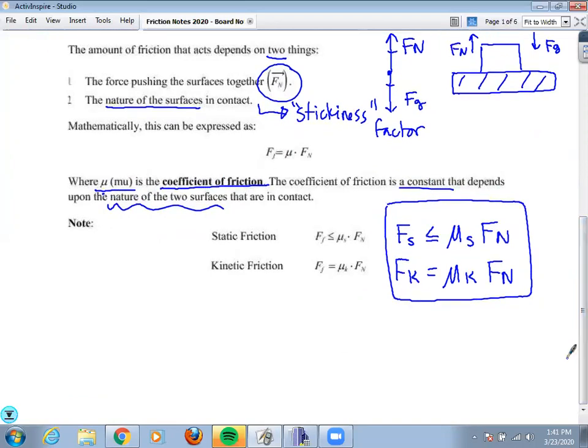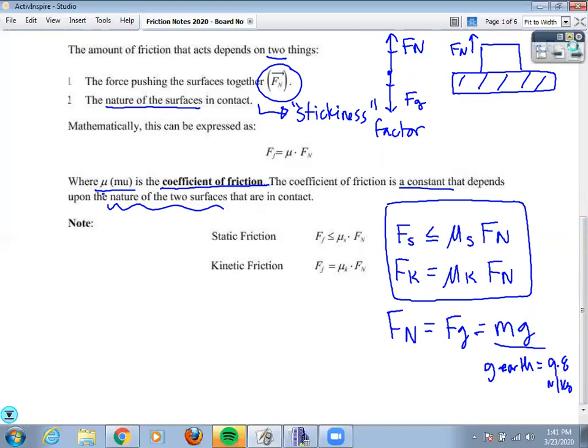Remember, the normal force is a reaction force to weight, and if we don't know the weight, it's equal to m times g. On Earth, g is equal to 9.8 newtons per kilogram, or meters per second squared.